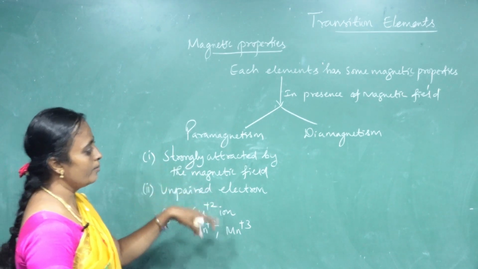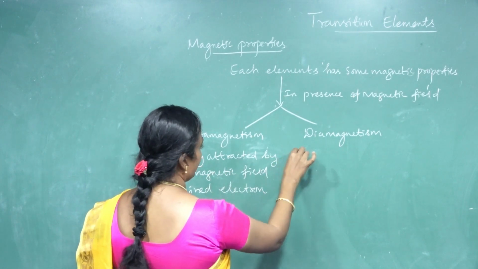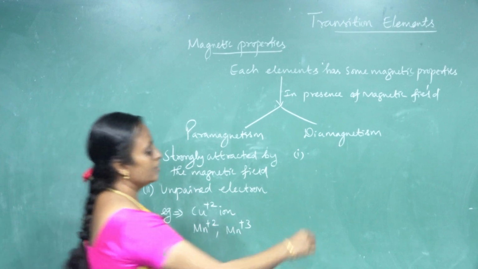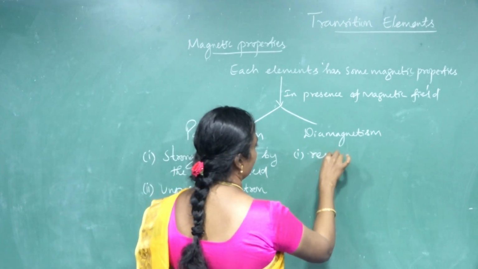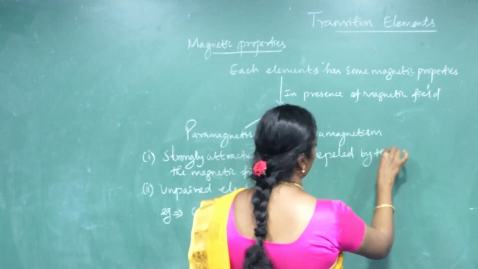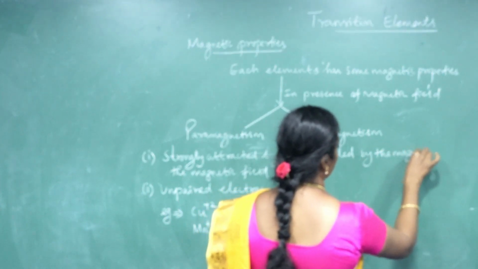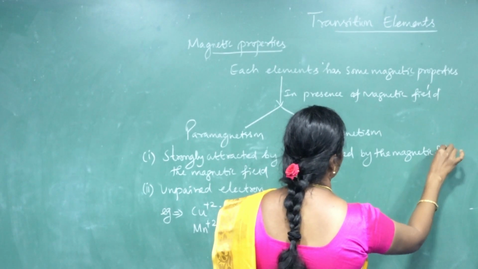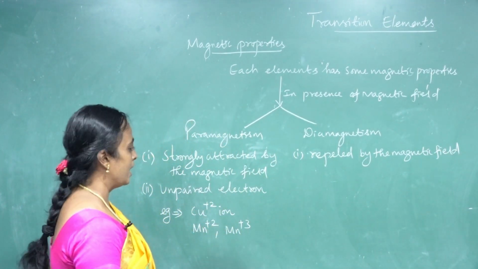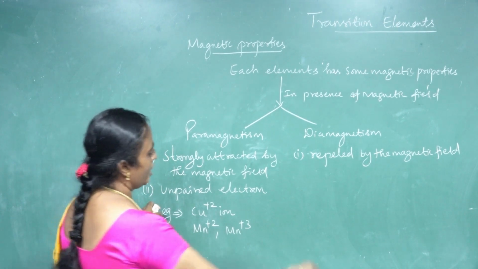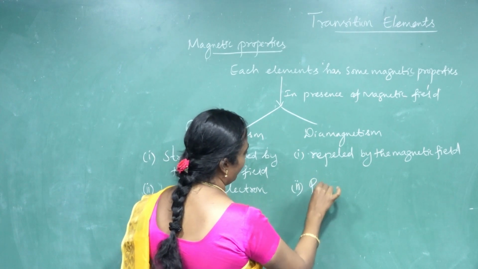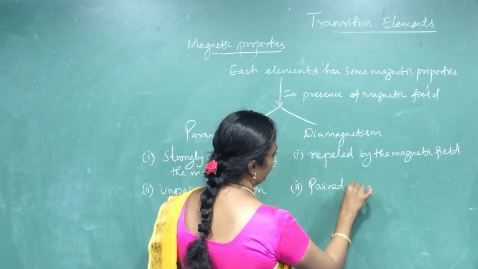And what is diamagnetism? Diamagnetic substances are repelled by the magnetic field, and in these substances the electrons are paired in the orbital.